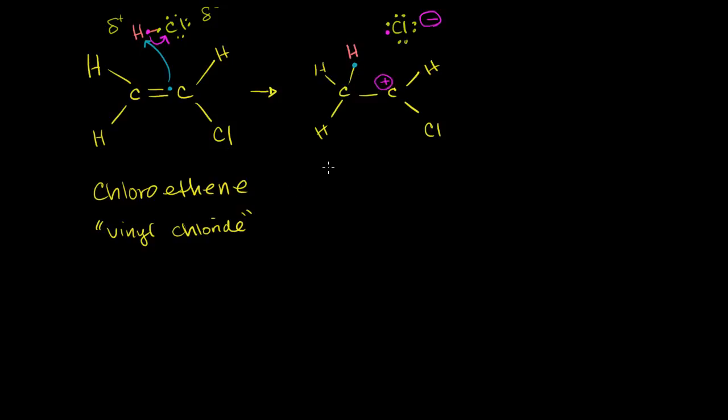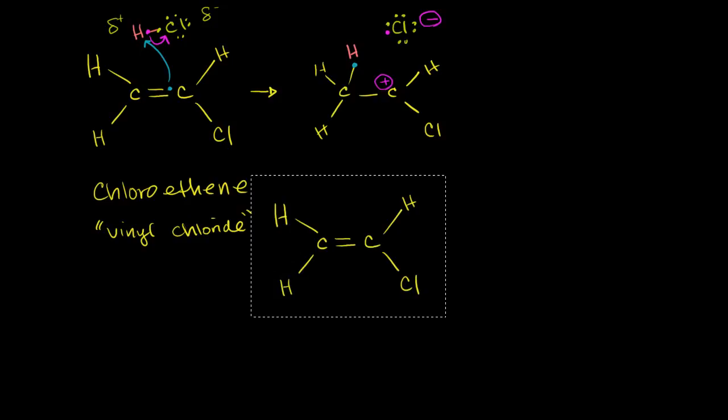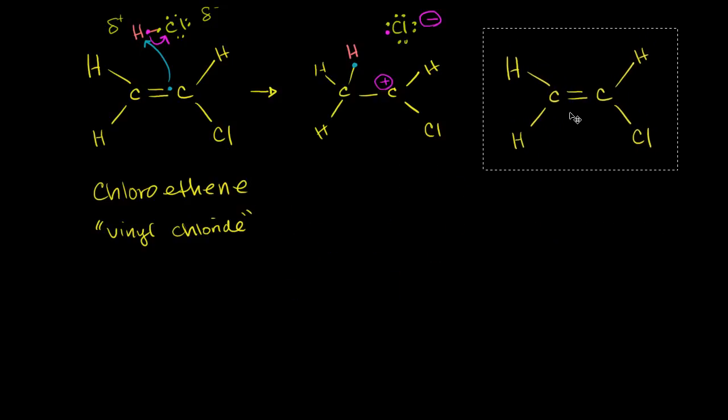Now, the next thing that you might expect to happen, if we just followed the pattern of the last several videos, is you would say, hey, this guy will now take an electron from the chloride anion, which is completely plausible. But there's also a bunch of the chloroethene. This isn't the only molecule of chloroethene. So let us throw another one of those in there. So we have more molecules of this.